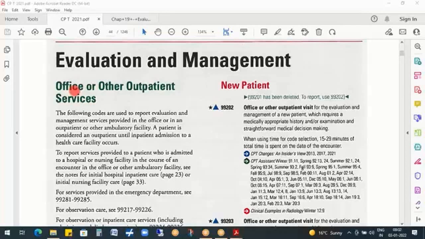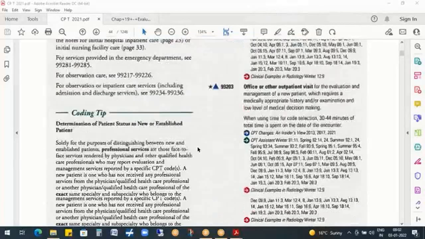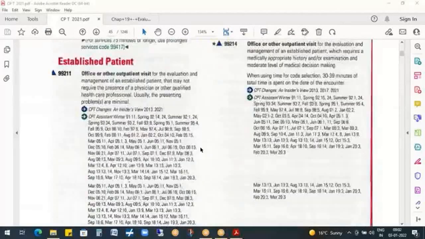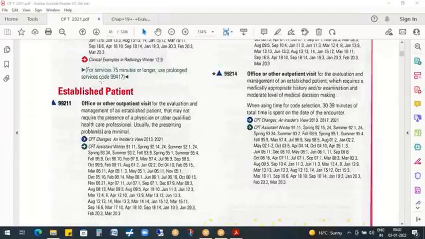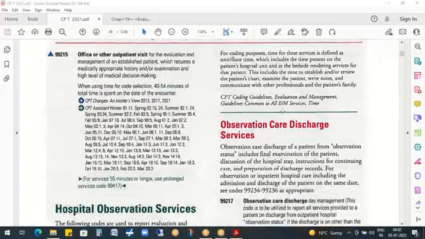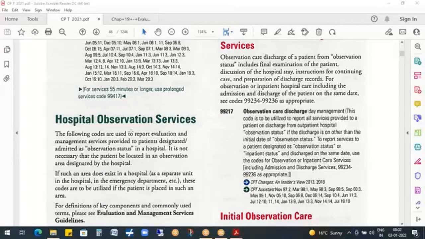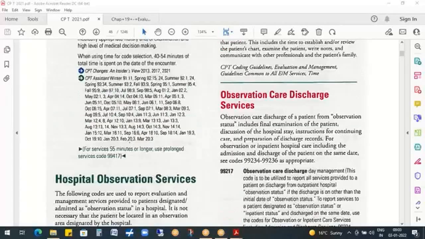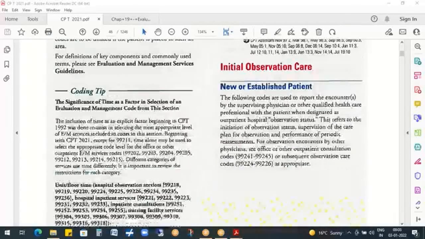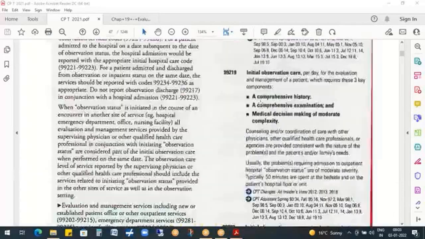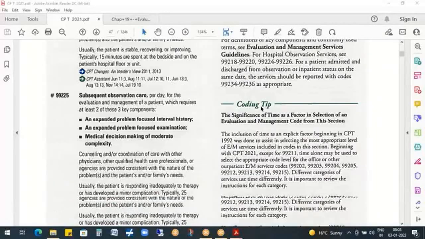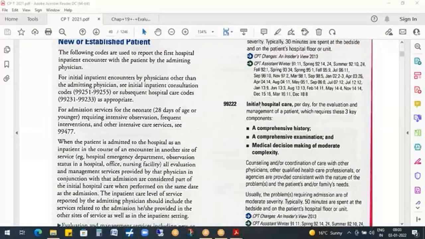If you are finding an office or outpatient services, the status of the patient may be new patient, or you can see in your books established patient. Then next one. If the patient is in observation services, then you need to look for either it is a discharge service, initial service, or subsequent service.